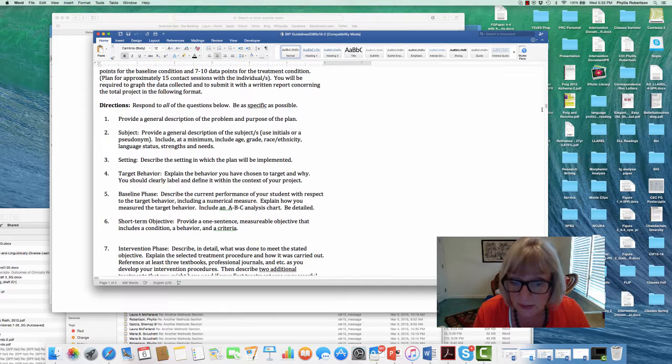And then you're going to describe your rationale for determining how you were going to measure the target behavior. Include an ABC analysis chart. So at that point, you are going to look at what occurred immediately before you observed that behavior and what environmental consequences were evidenced afterwards. One of the things I've noticed in some of your work is that you have a tendency to describe the function of behavior as the consequence.